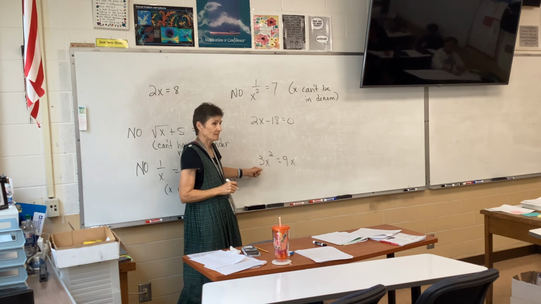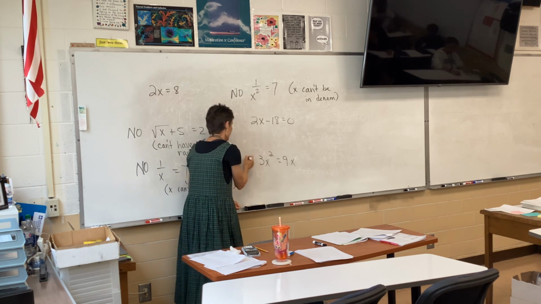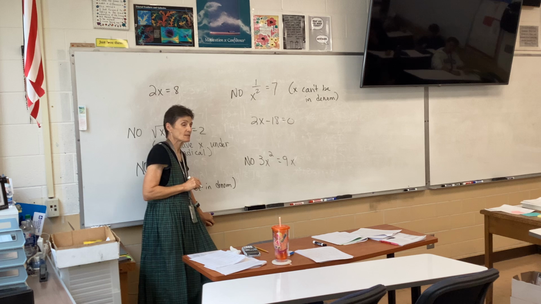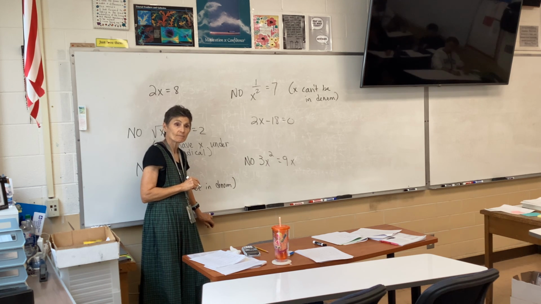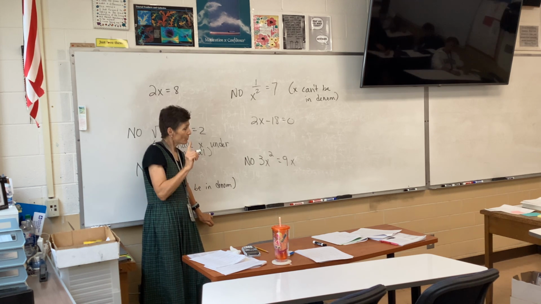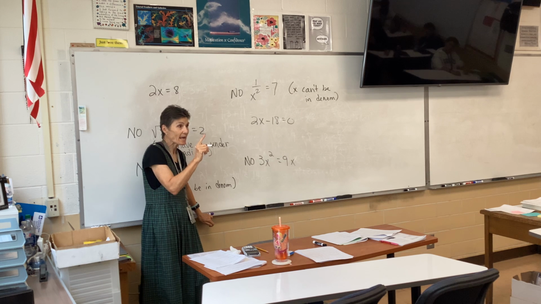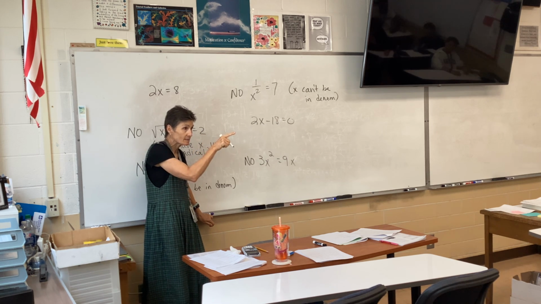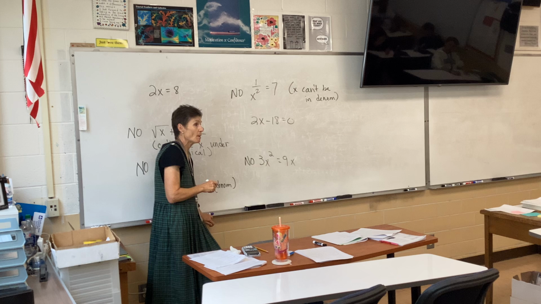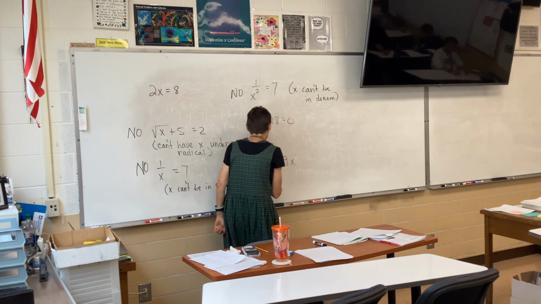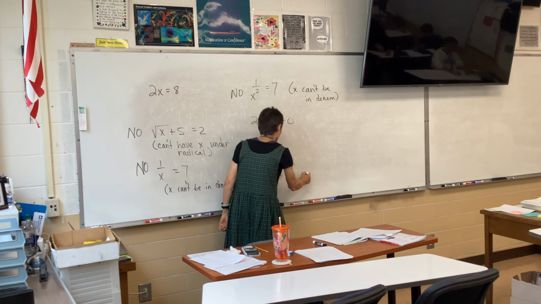Now, this one isn't linear either. This one's a no. Does anybody want to take a wild guess why? What's wrong with it? Declan? Is it because there's x on both sides? No, you can have an x on both sides. What you can't have is... There's an exponent? Yeah, can't have an exponent. x can't have an exponent.